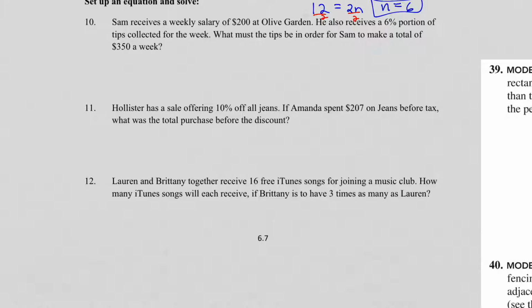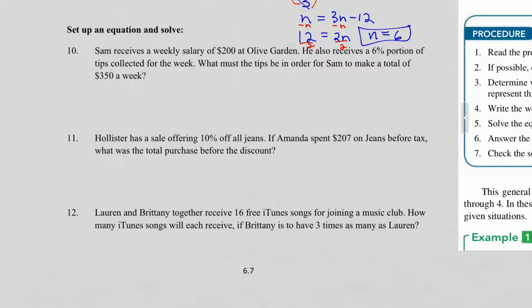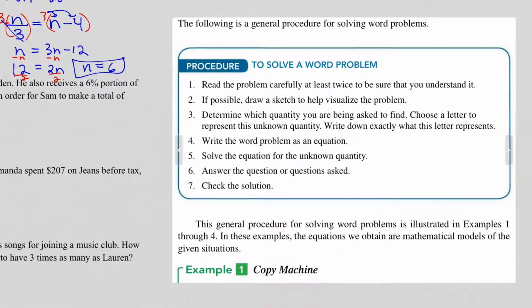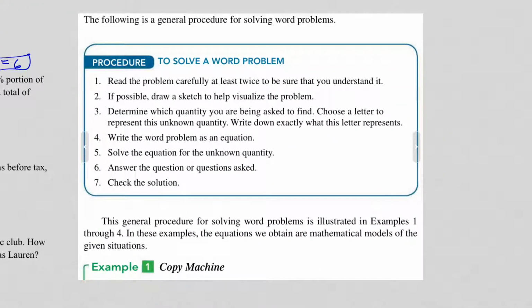So here we go. On page 301 in your text, you have a nice general procedure to solve a word problem. So let's take a look at this. First of all, read the problem carefully, at least twice to be sure you understand it.